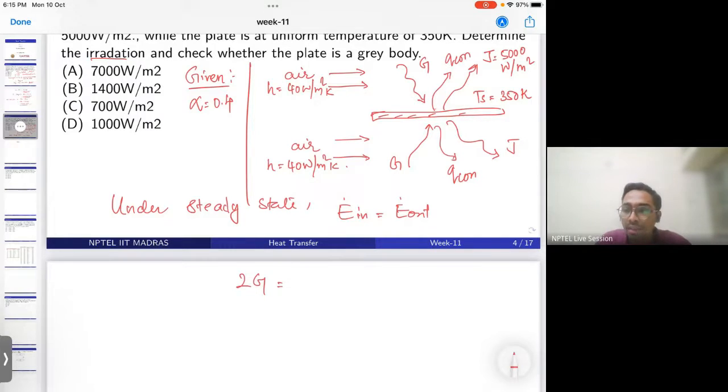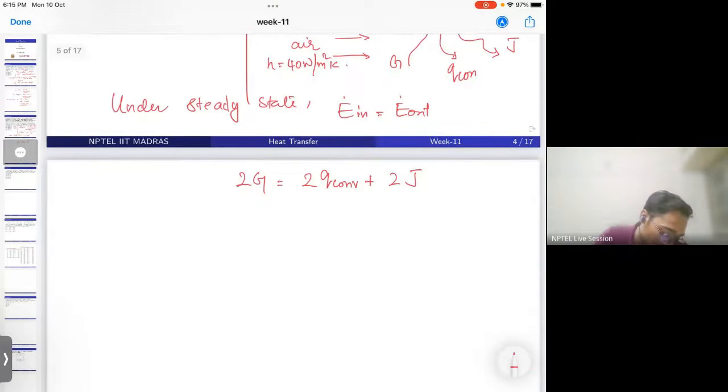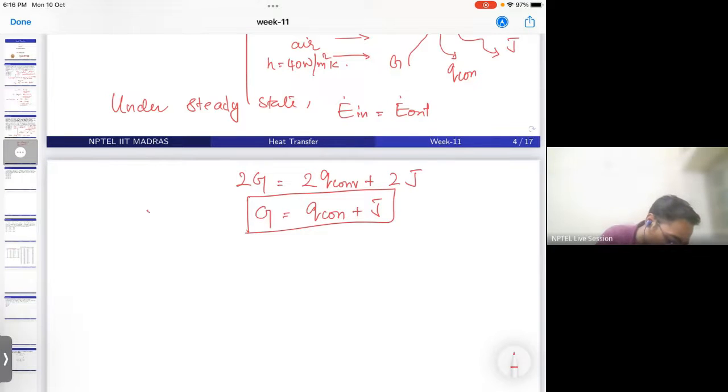Then only the steady state conditions will occur. So 2 times Q convection plus 2 times J. We can simplify as G is equal to Q convection plus J. So this is the irradiation.